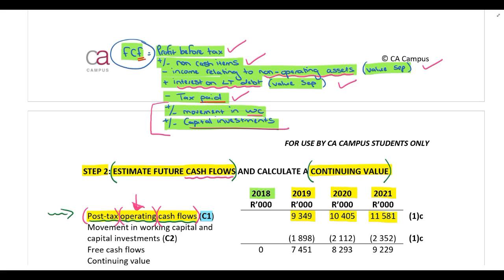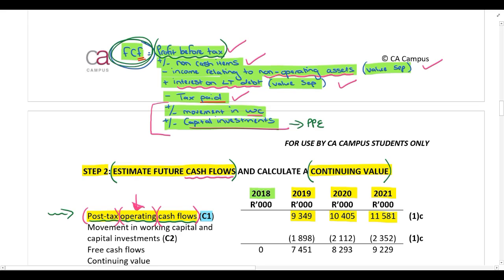And the reason why that must be taken into account is obviously that will affect the company's cash flows. However, capital investments or capital purchases are not sitting in profit before tax, because those would obviously be treated as assets and recognized as assets instead of expenses in profit before tax. So that's like property, plant and equipment.